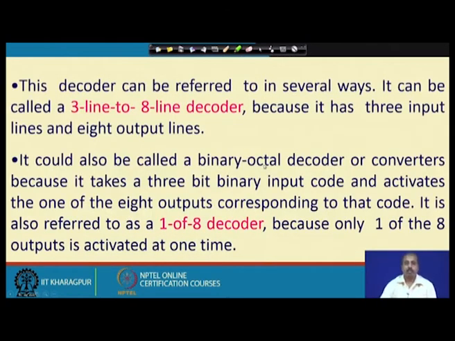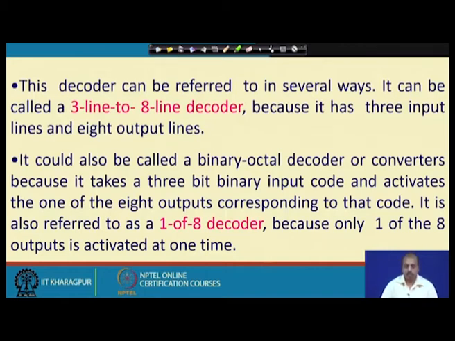This decoder can be referred to in several ways. First of all, it can be called a 3 line to 8 line decoder, as there are 3 input lines and 8 output lines. Now, see this 3 and 8, this information is redundant: as soon as I say that 3 are the input lines, 8 are the output lines. Similarly, if I say 8 is the output lines, then 3 is the input lines.